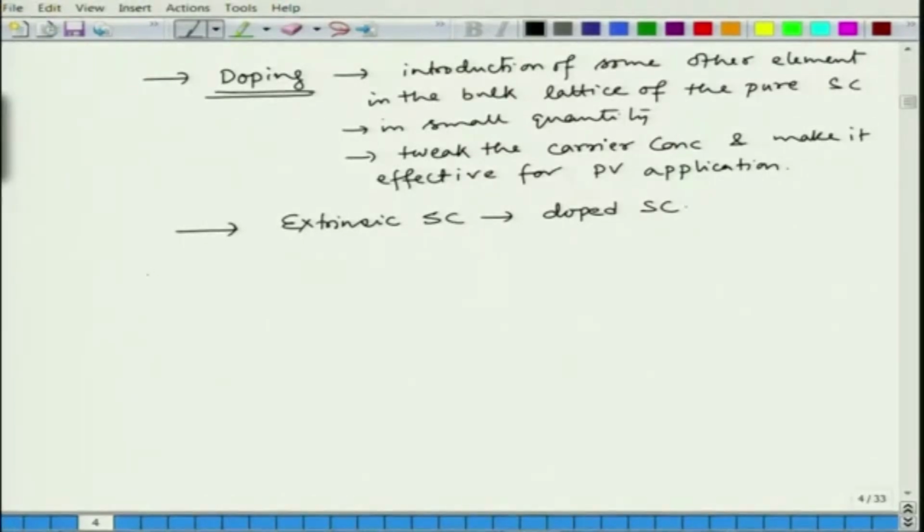Now, there can be two types of doping, which is called either N type doping or it can be P type doping.